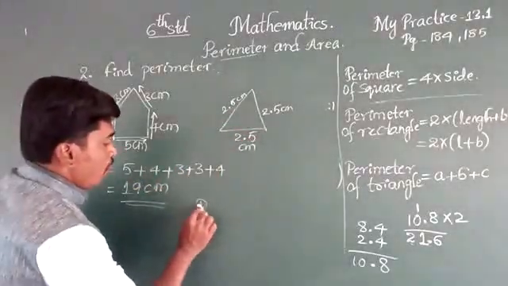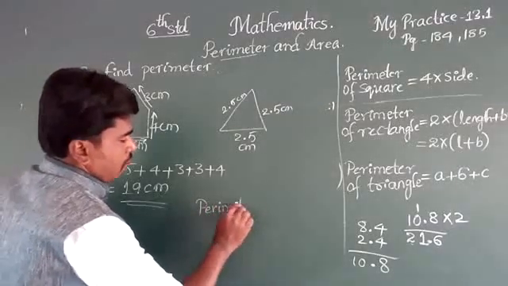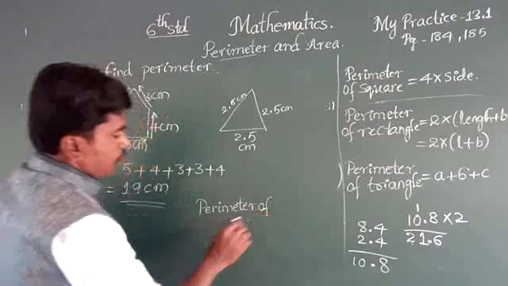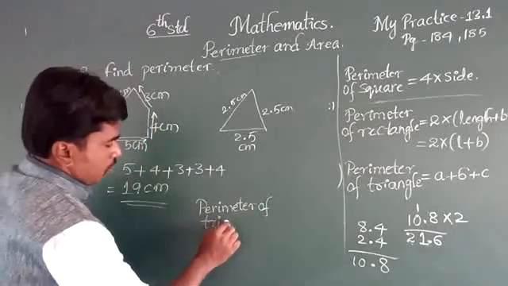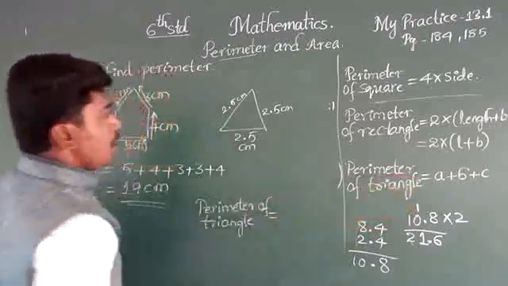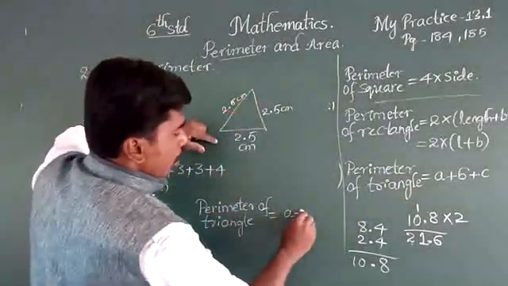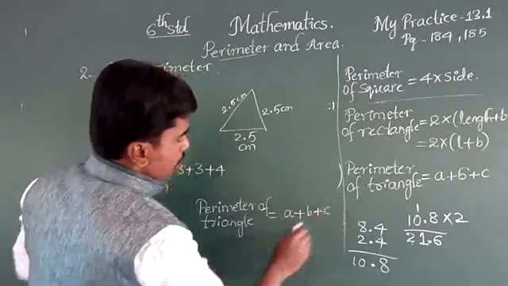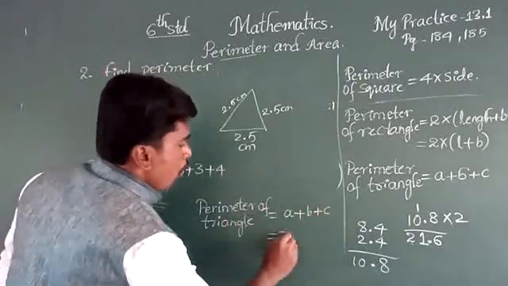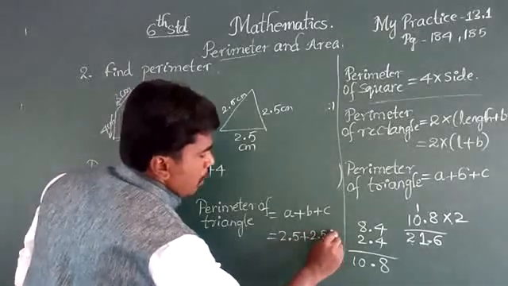So, perimeter of triangle is equal to A plus B plus C. This is A, B, C. So A plus B plus C. What is A? 2.5 centimeter. B is also 2.5 centimeter.